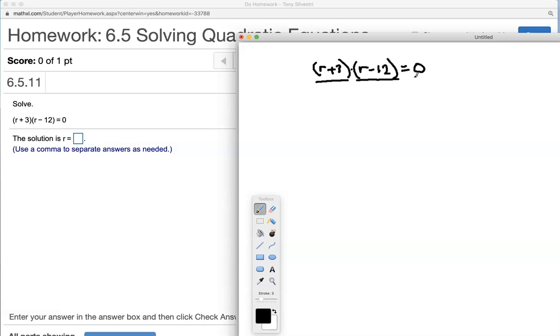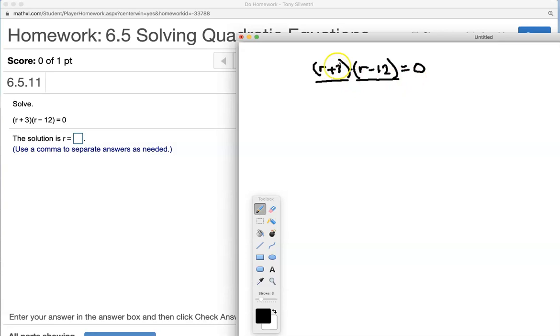When you multiply 2 things and the answer is 0, one of those things must be 0, because how else can you generate a 0 with multiplication?